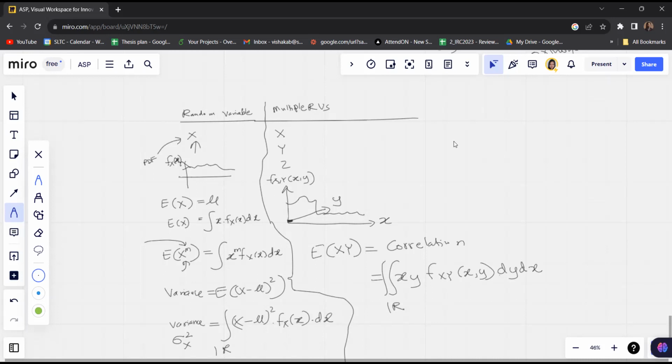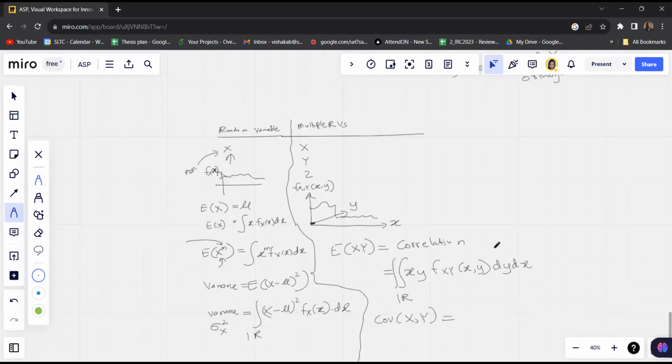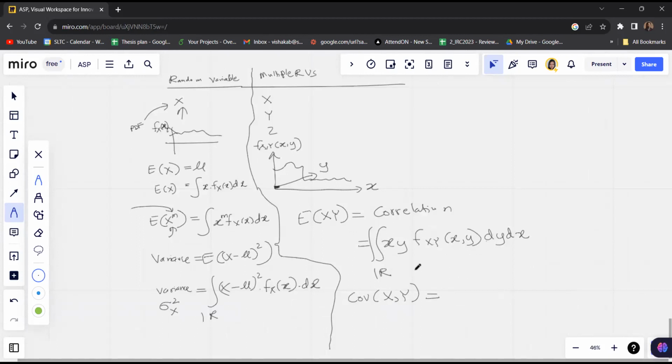Apart from that, we define how the covariance is defined. The covariance is denoted as COV, and we denote it as covariance x comma y. And then we have its own definition, the integration of x and y with their means.